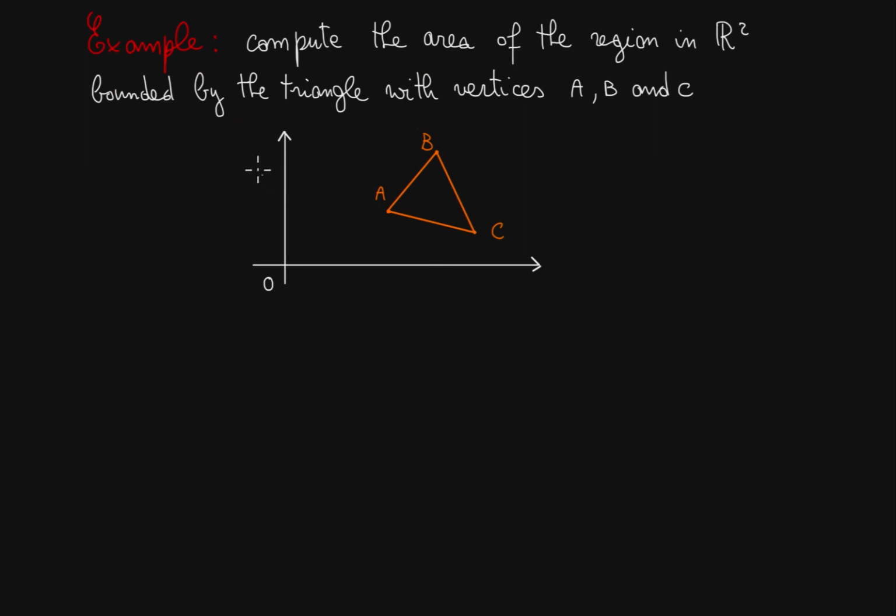Now let's consider this example to highlight what exactly I mean by the passage from applied vectors to vectors. Compute the area of the region in R squared bounded by the triangle with vertices A, B, and C.